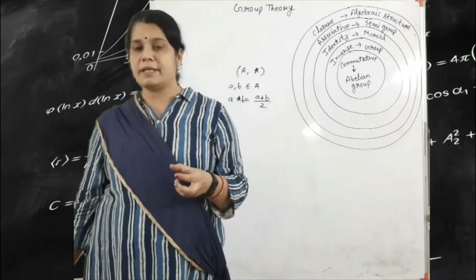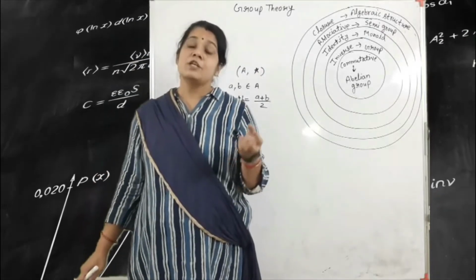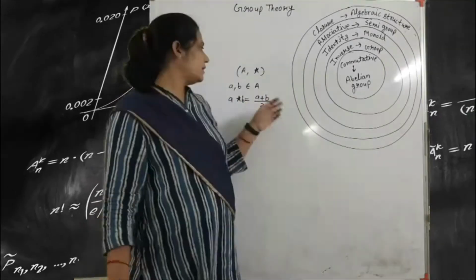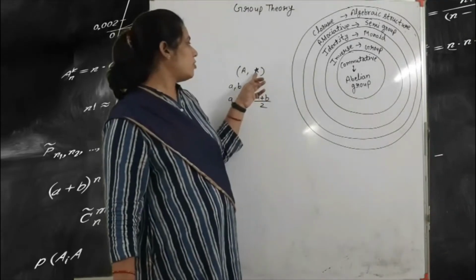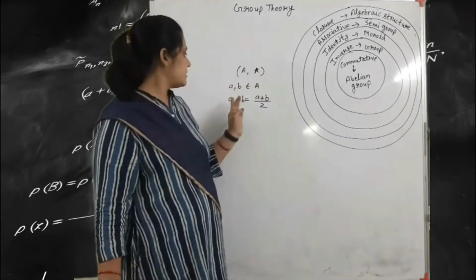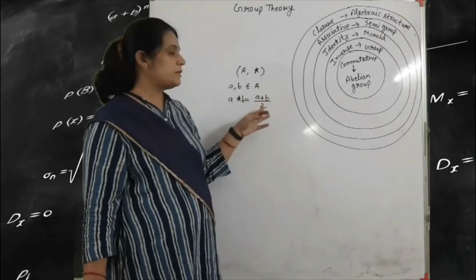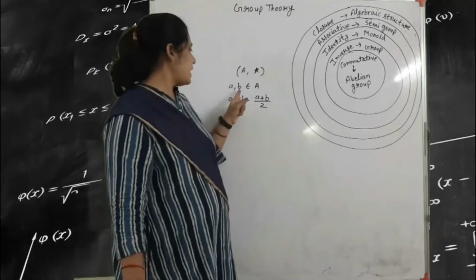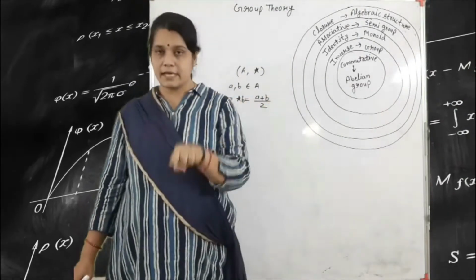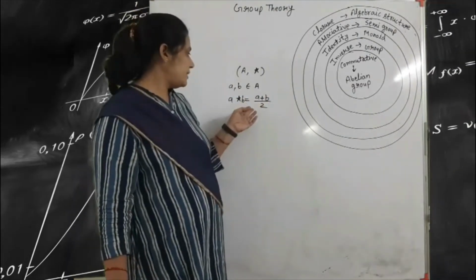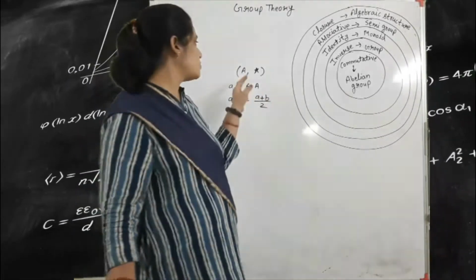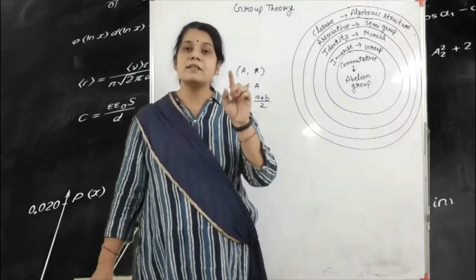If two elements belong to set A, then the result of the operation on them, for example here a star b is equal to (a plus b) by 2, also belongs to set A. This is the closure property.